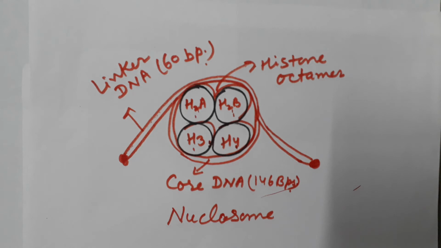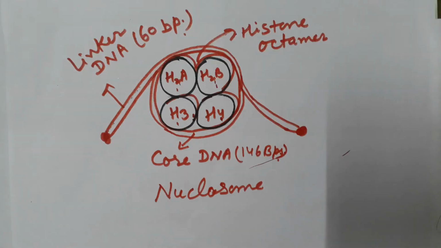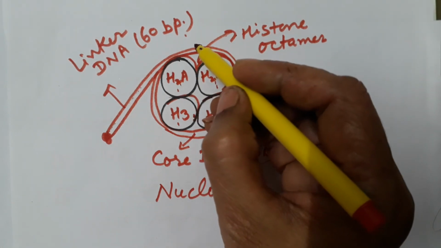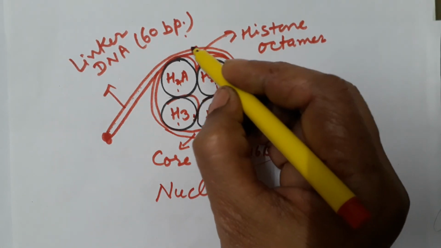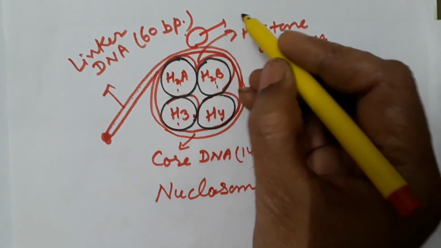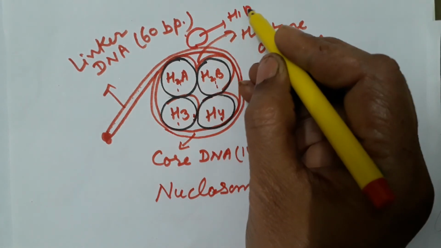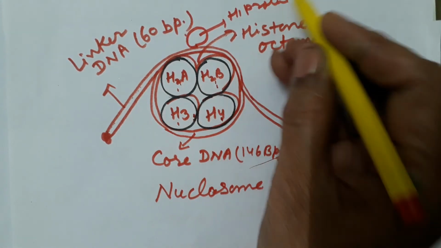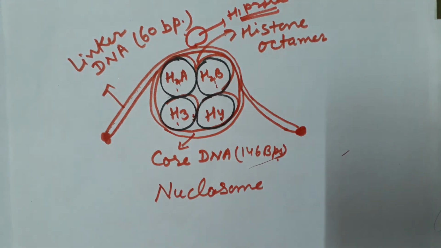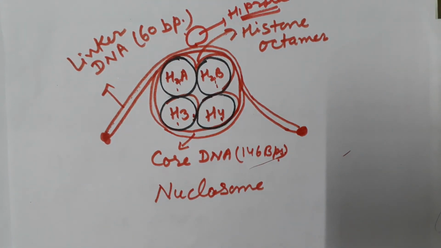We said the histone octamer has 8 proteins, so H1 is not included in the histone octamer. This is the H1 protein, which we do not count in the histone octamer.